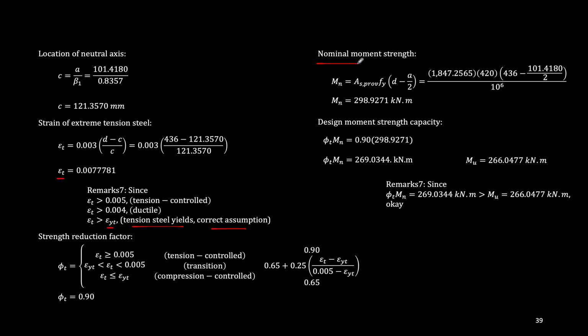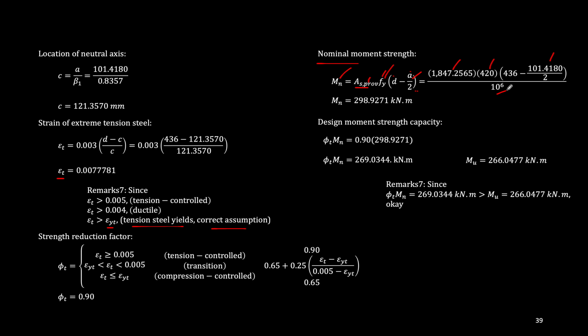After that, we're going to solve the nominal moment strength. So Mn is equivalent to As provided times Fy times D minus A all over 2. So yung As provided natin is 1847, yung Fy is 420, then yung A is 101, then just divide by 2. A larger value will be computed kasi yung unit nito is naka-Newton times millimeters.